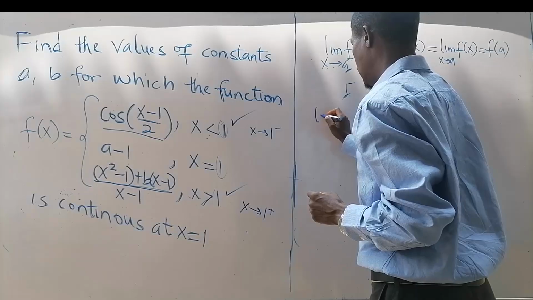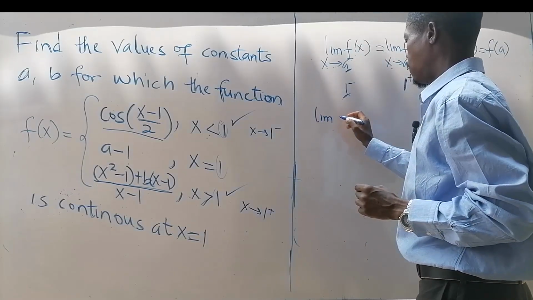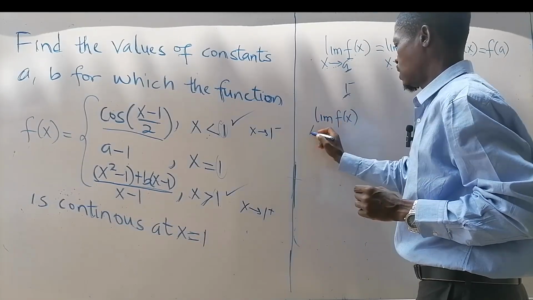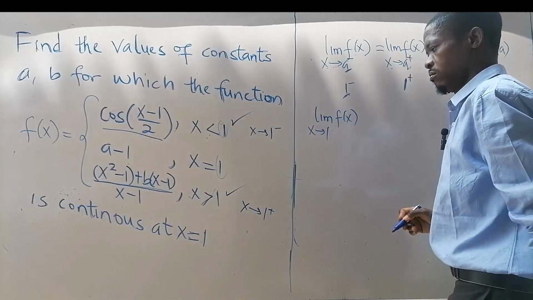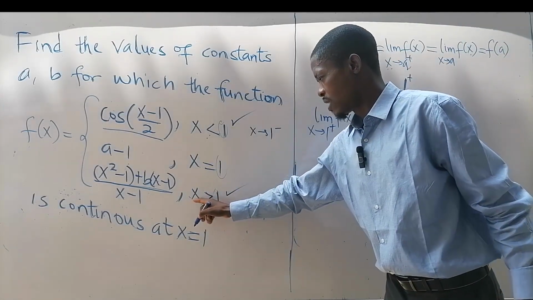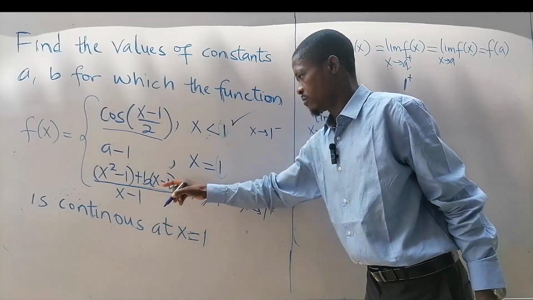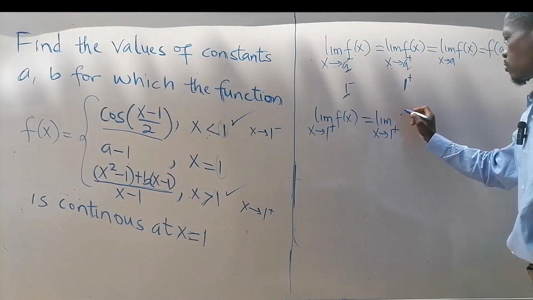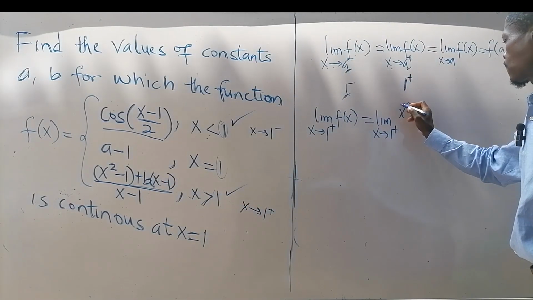The first one, the limit of f of x as x tends to 1. I'm going to start on the right-hand side, 1 plus, where x is more than 1, and substitute that function there.